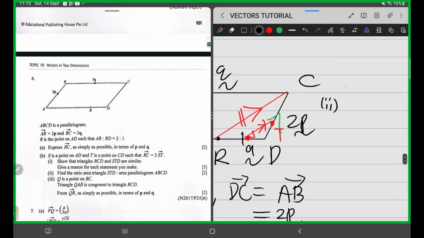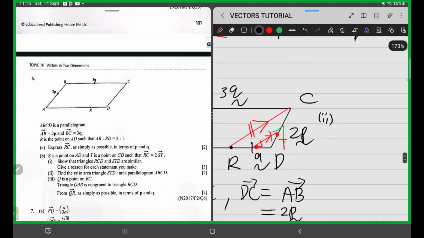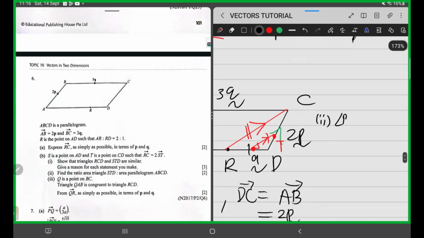First thing, angle RDC equals to angle SDT, right? That's your common angle. So that's one. What is another thing that we can do?